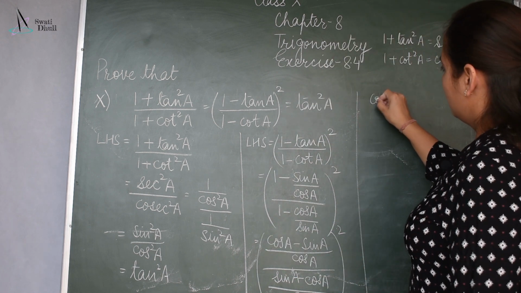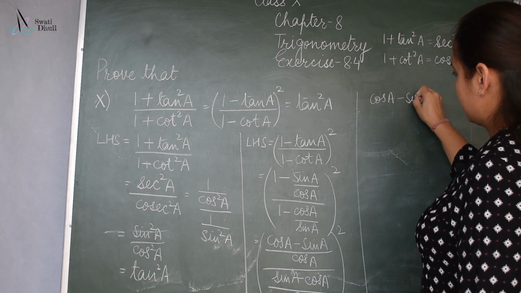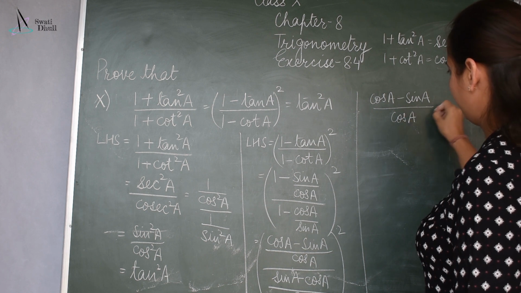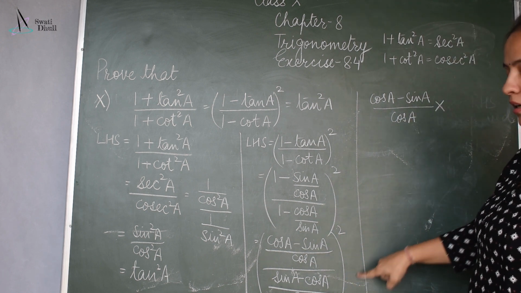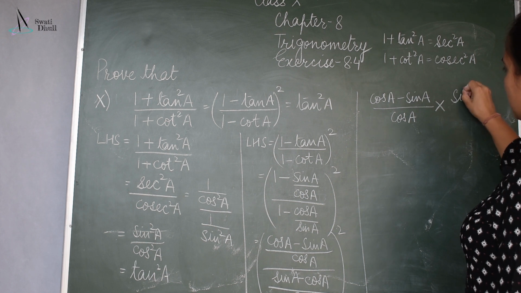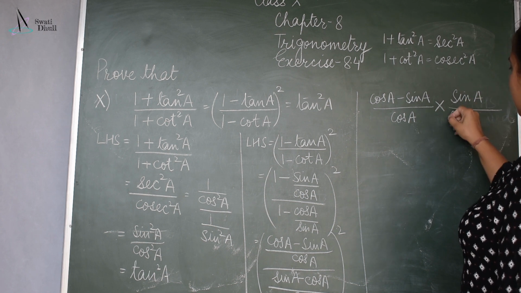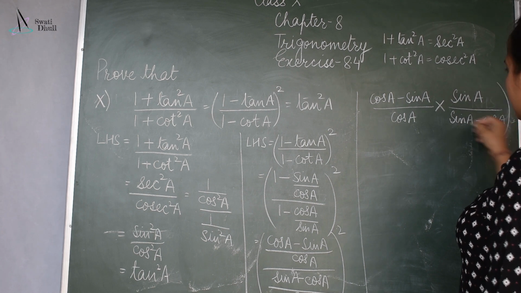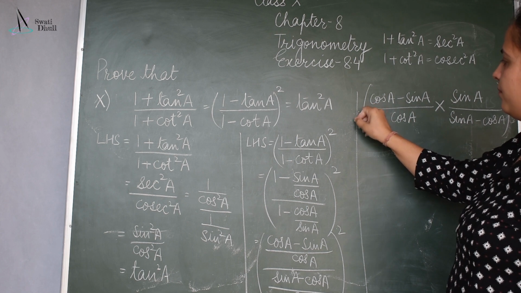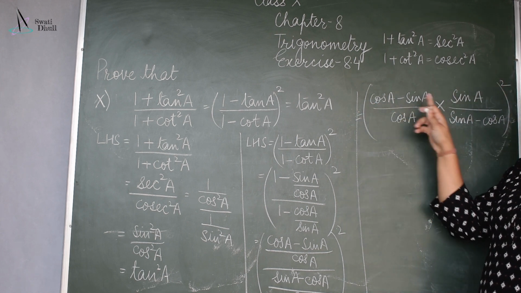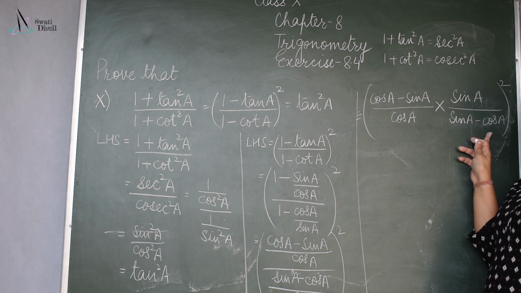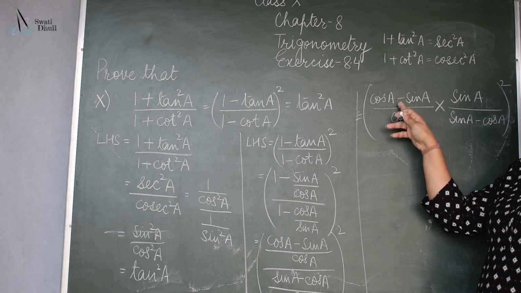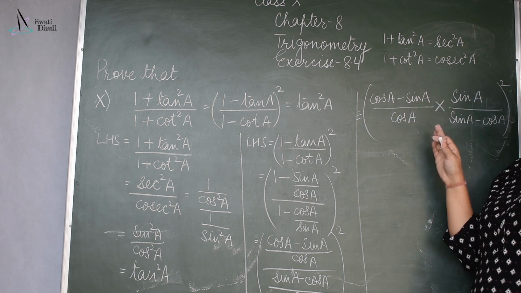Now cos A minus sine A divided by cos A, into, this will be in the numerator, so sine A divided by sine A minus cos A, and that is whole square. Now see, here it is cos A minus sine A, here it is sine A minus cos A. So if I take minus common from this term, this term and this term will be cancelled out.